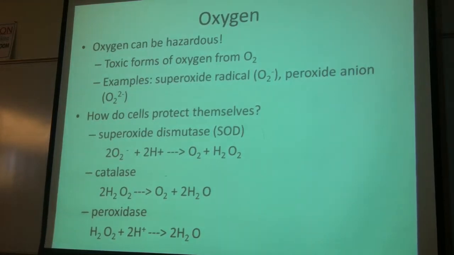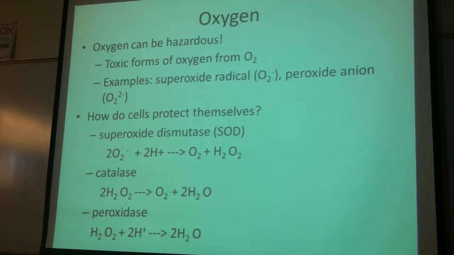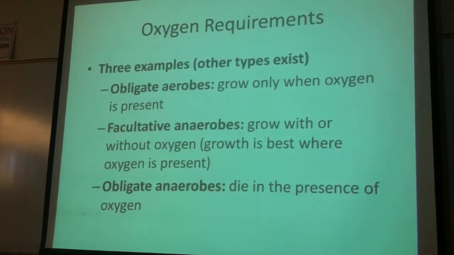Okay. So not only can oxygen be hazardous, but it is required. So, 3 basic types: obligate aerobes, which grow only when oxygen is present. This would be like us, because if oxygen isn't present, we don't grow very well. Facultative anaerobes grow with or without oxygen, but they grow best when oxygen is present.